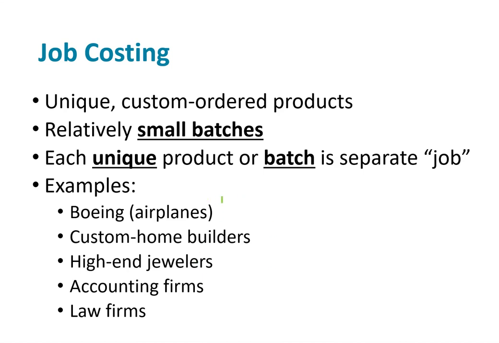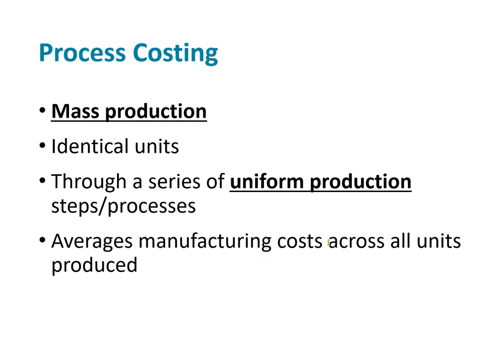Easy examples would be airplanes, custom home builders, high-end jewelry, accounting firms, anytime you have an individual job. So for example, if you worked at Levi Strauss, you could have one batch for tents, one batch for Levi's, one batch for ties, etc.